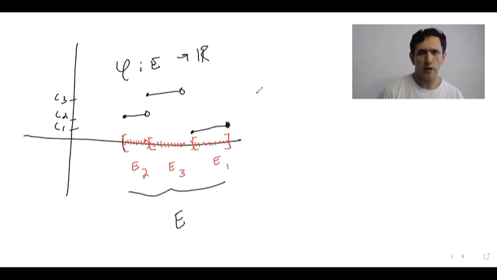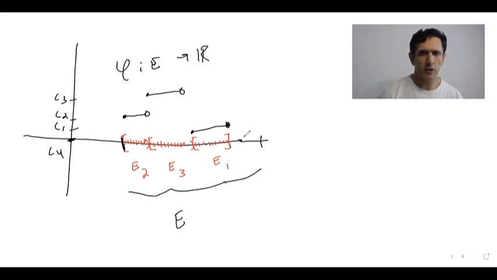There's no problem there. If, let's say, instead, I had something like, let's say this here was C4, just y equals 0. And let's say E is from this point to this point.